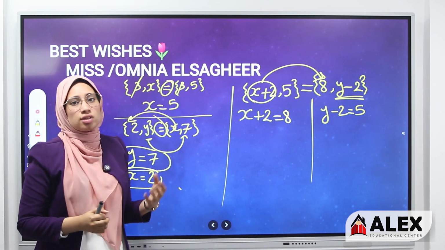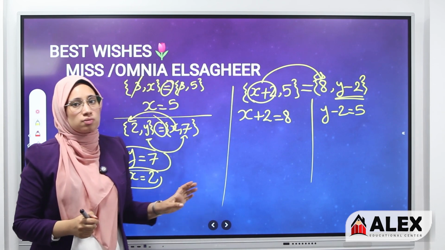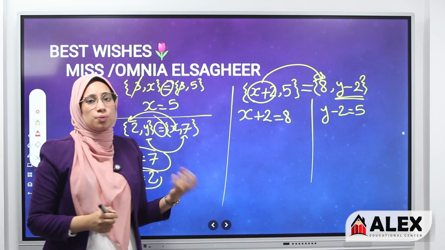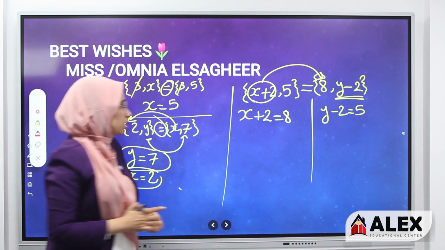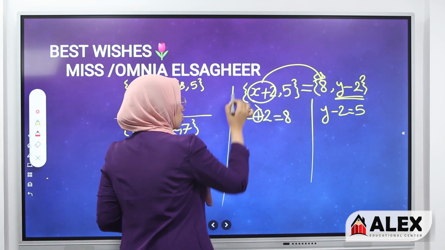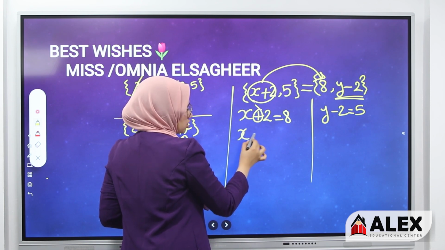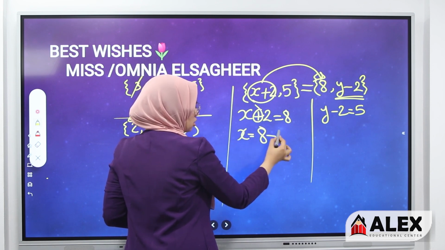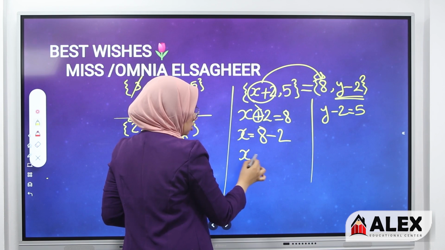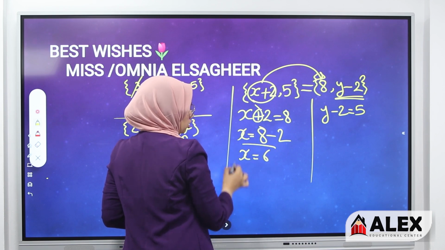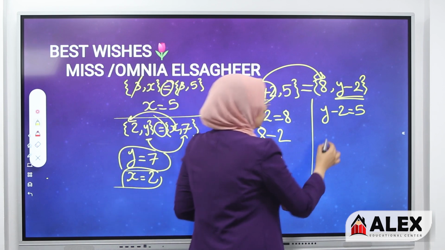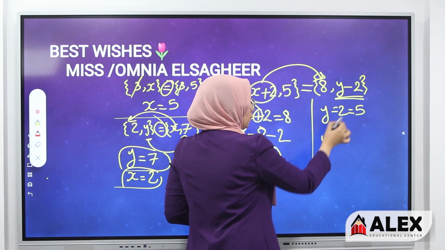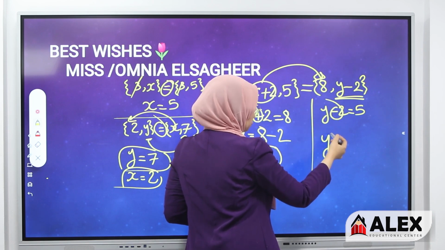That means we solve it as an equation. We solve it exactly like an equation, by what? The inverse operations. Here we have positive 2, so x equals 8 minus 2. Then the value of x equals what? Equals 6. Here y, negative 2 becomes what?